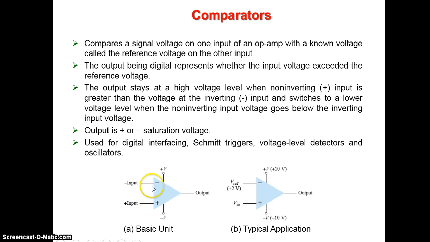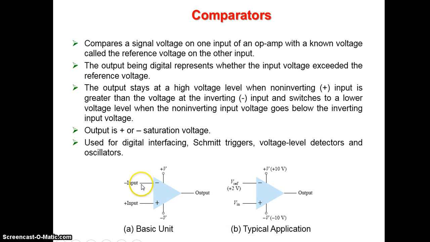You will be applying inputs to both terminals of the comparator. One we will take as a reference, and the other one we will compare against the reference. Suppose you are applying an input signal to the negative terminal and keeping the positive terminal as the reference. When the input voltage at the inverting terminal is greater than the reference voltage, output will go to negative level.